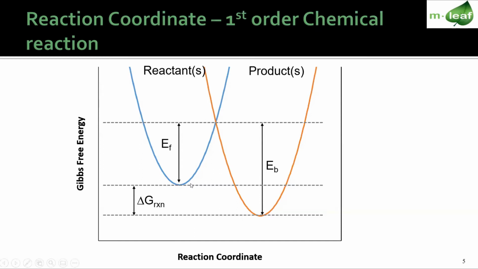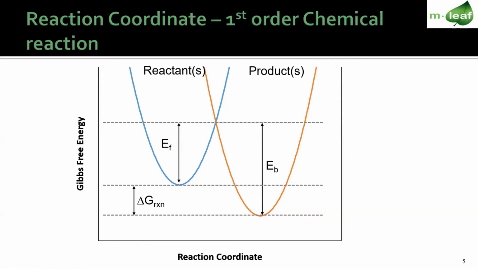And really the activation energy comes from the difference in the free energy of the bottom of this well to the intersection with the product. And right here, that's some state of the molecule that's called the transition state. And so the transition state energy minus the energy of this electron in the reactant is the forward activation energy.